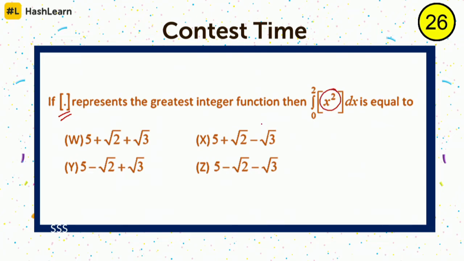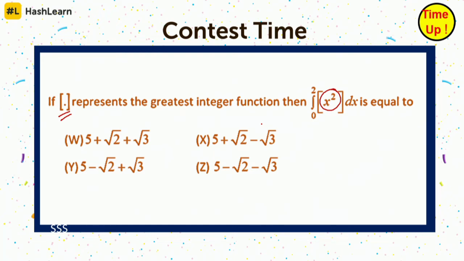You should be very careful when you have the greatest integer of x square. Let me see who will give the right choice. Still you have 20 more seconds. 0 to 2 is the limit. Greatest integer part is x square.